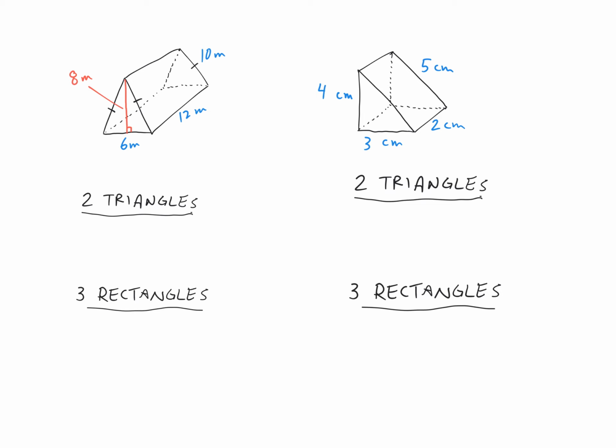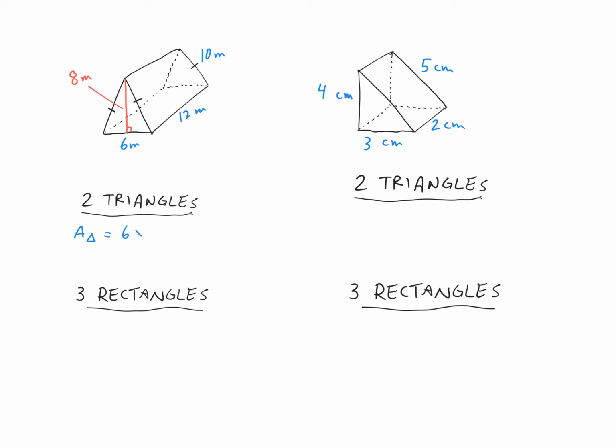the formula for the area of a triangle, and the area of a rectangle. The formula to find the area of a triangle is the horizontal times the vertical divided by 2. In this case, the horizontal is 6 meters.